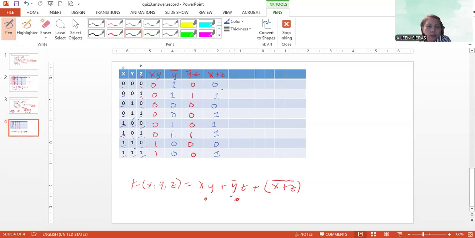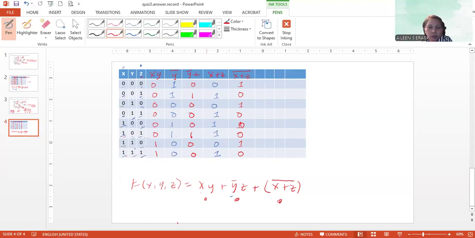Now, to get the value of our x plus z bar, it is the opposite of this x plus z. So we have this value for x plus z bar, the opposite.